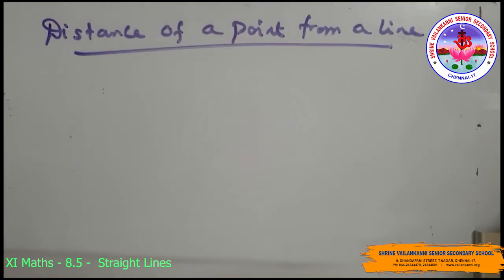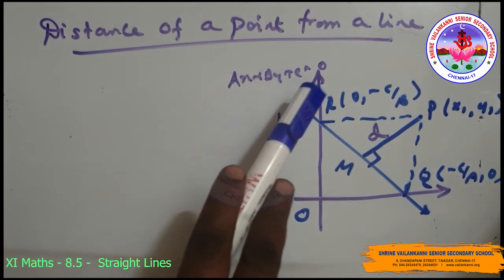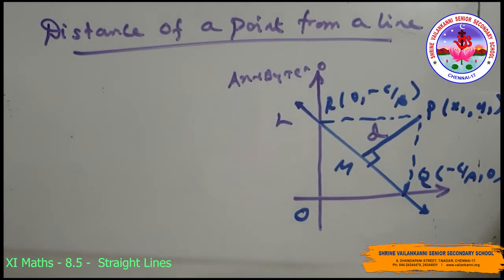Distance of a point from a line. The distance of a point from a line is the length of the perpendicular drawn from the point to the line. Let the line L be ax plus by plus c equal to 0, whose distance from the point P is d. P coordinates are x1, y1.